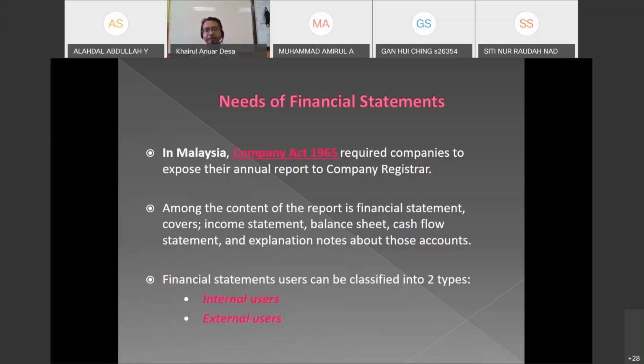Because the Company Act 1965 requires all companies to expose, issue or publish their annual report to the company registrar, and also to publish their annual reports to the public through their website and so on, so that all the users of the financial report, all the users of the annual report, can see what the companies did in the past 1 year. Okay.